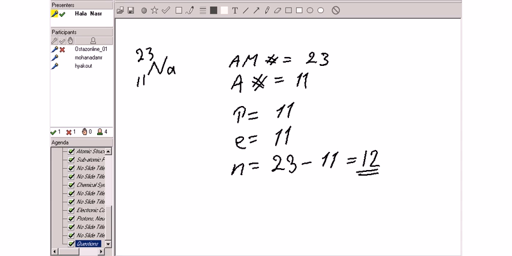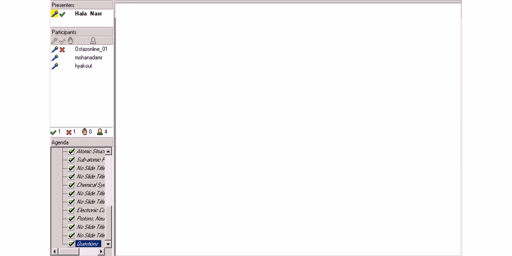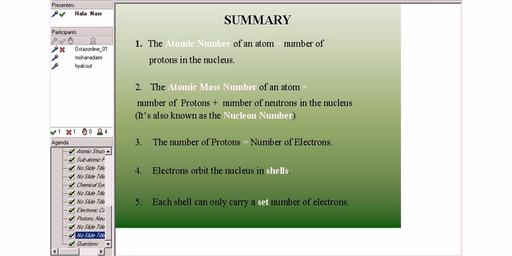Now, as a summary of what we said, I'll repeat it again. Any matter consists of tiny particles known as an atom. This atom consists of subparticles known as protons, neutrons, and electrons. Protons and neutrons are found in the nucleus. That's why we call them nucleons.